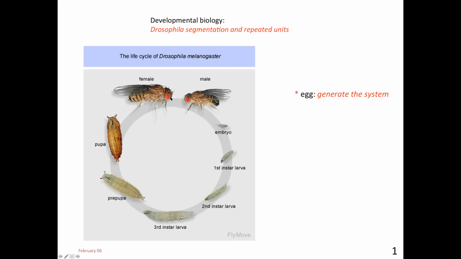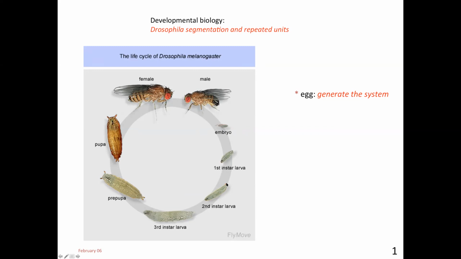and their life cycle starts with mating, and the embryo is laid, and you can see how small the embryo is. The embryonic development is 24 hours.